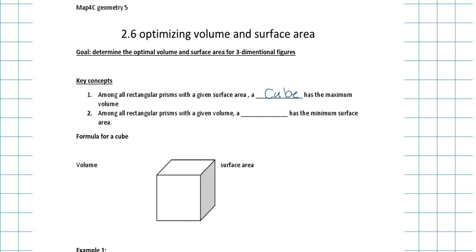So we're going to be maximizing volume. Among all rectangular prisms with a given volume, a cube also has the minimum surface area. So you're going to maximize volume, you're going to minimize surface area.